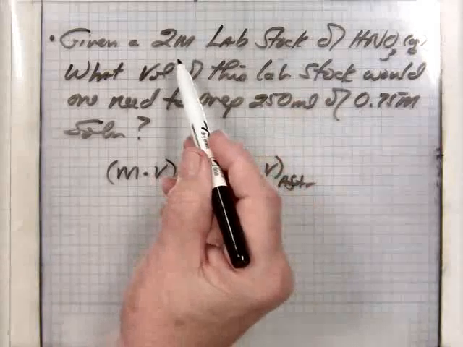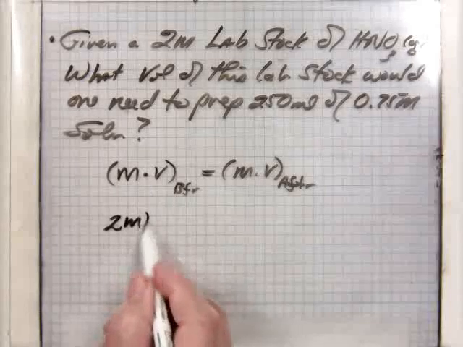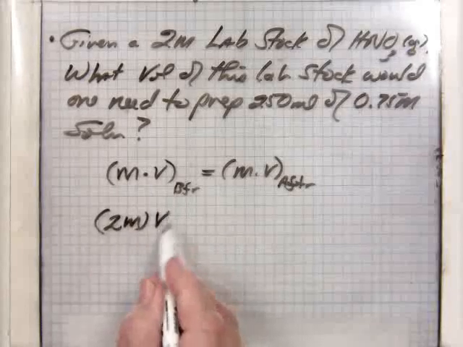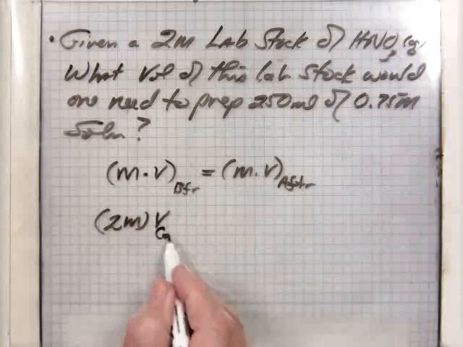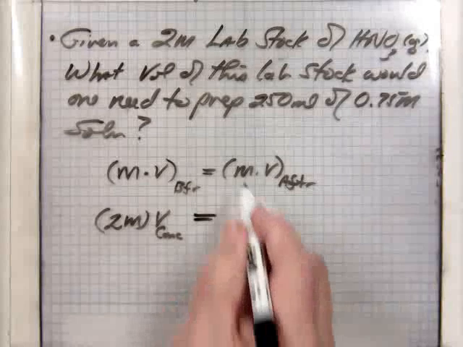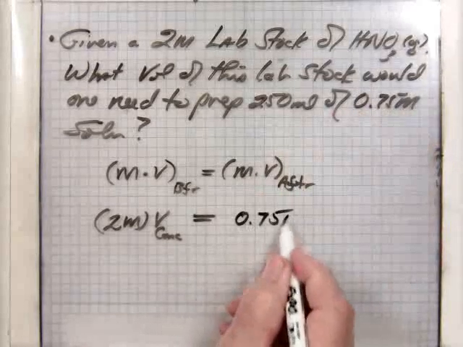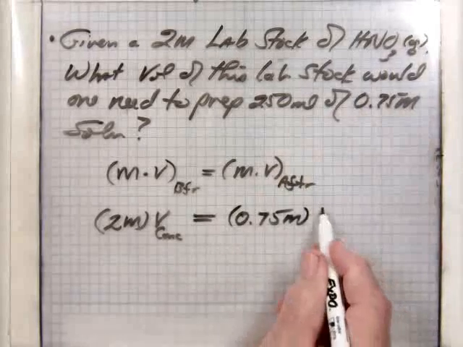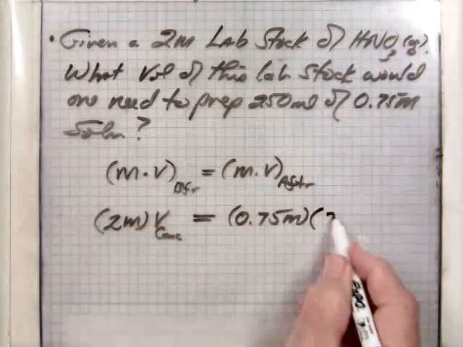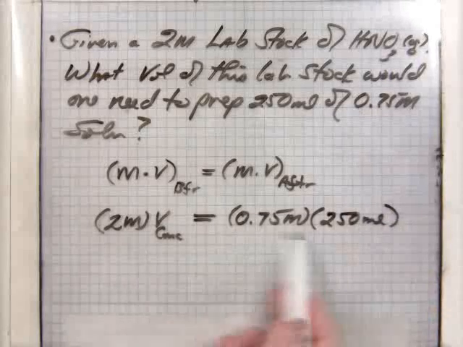The concentrate is 2 molar. So we have a 2 molar concentrate, and the question is, what volume of the concentrate do I need? That's equal to the molarity that we're trying to make, which is 0.75 molar, and we're trying to make 250 mL of it. It's a very simple calculation.